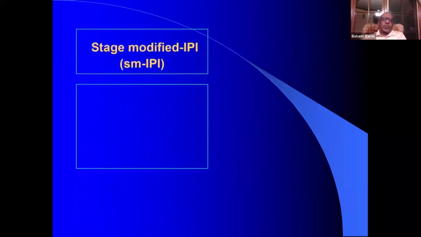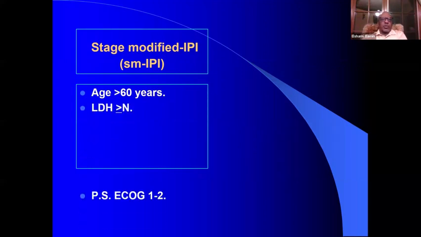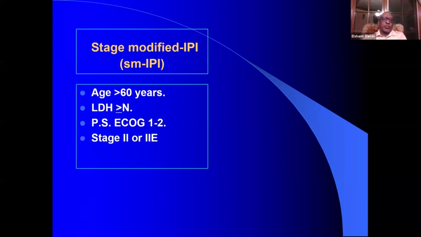And actually, to simplify this more, they developed what is called the stage-modified IPI, SMIPI. Basically, it tries to make things simple for the stage 1 and stage 2 lymphomas. For this, we use age more than 60, we give it a 1, and LDH more than normal. Performance status is ECOG of 1 to 2. And you know what the ECOG score is, but briefly, ECOG of 0, the patient is totally asymptomatic.